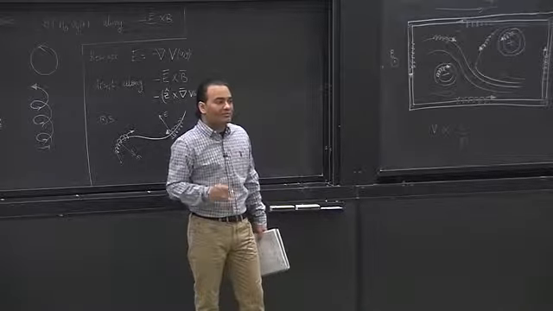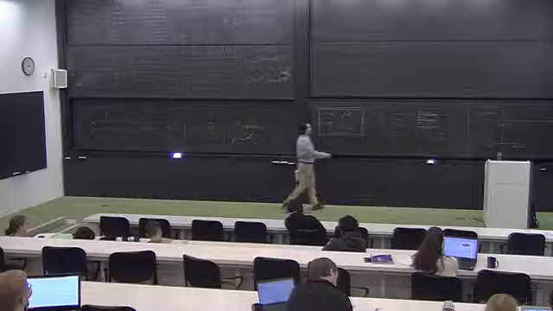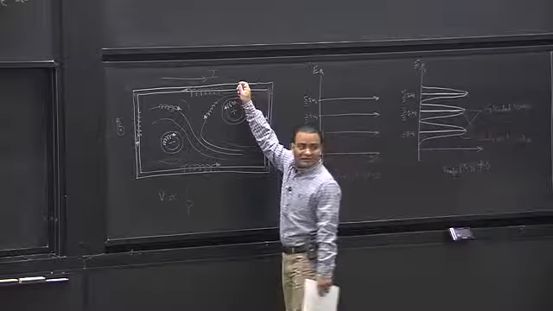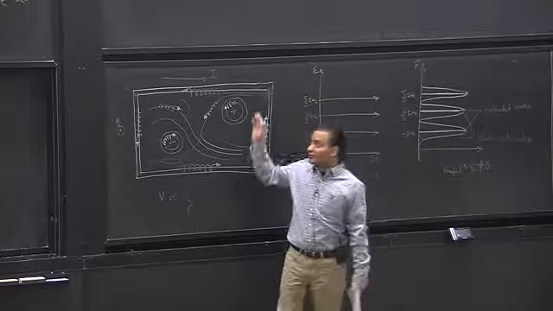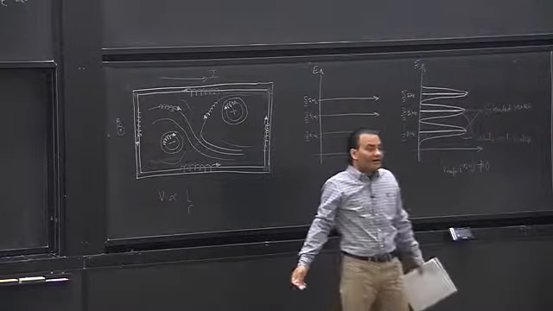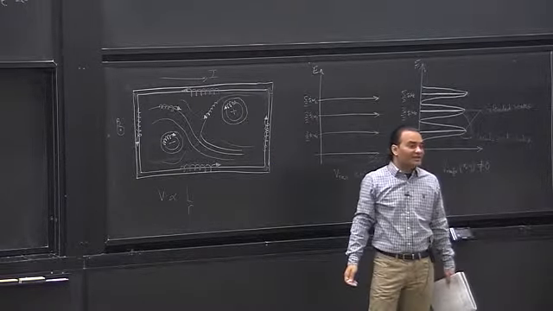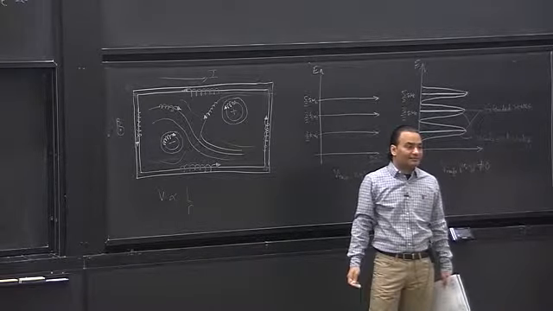They will only move in the left direction on the top edge. That means if you inject some current in the top edge, it will flow without any problem, or it will for sure make it to this end, because there is simply no other way for these edge states to get scattered, to reverse their direction.